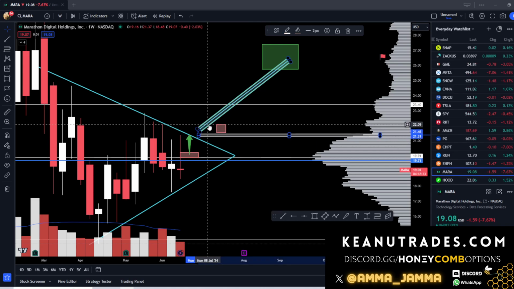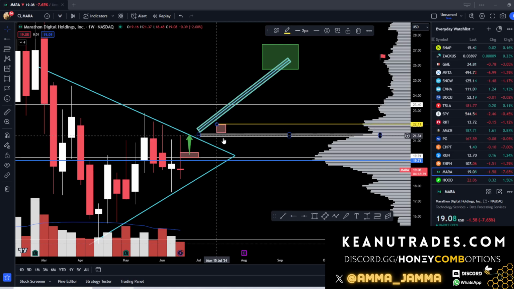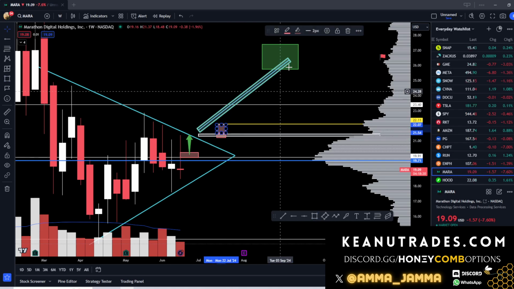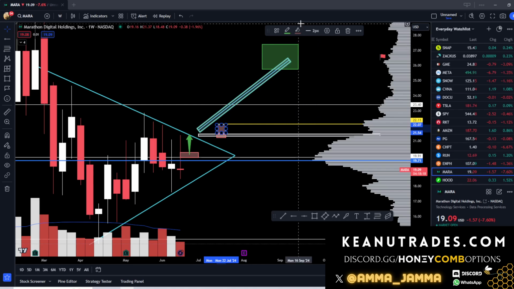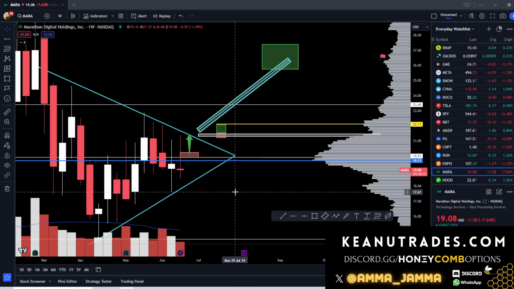If you're that type where immediately right here you're taking profits, then your stop loss needs to be half that. You must never have your stop loss deeper than where you honestly take profits. You can't do it, guys.